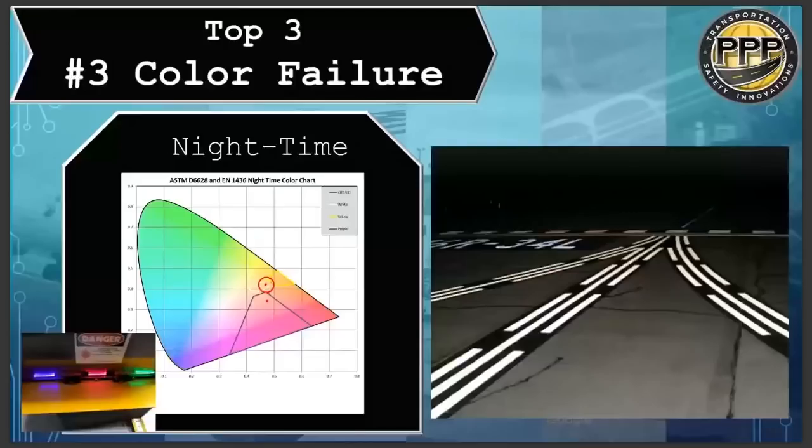That really started years ago when we had to go from leaded yellows to organic yellows, and we lost a lot of that ability to reflect yellow. So there are many different types of pigments and many different types of paints, and your paint quality has a lot to do with it as well.